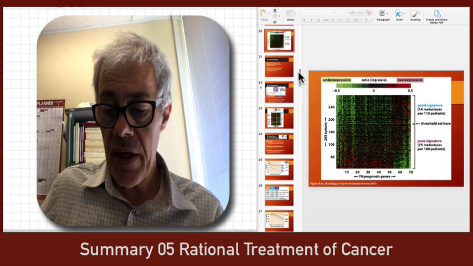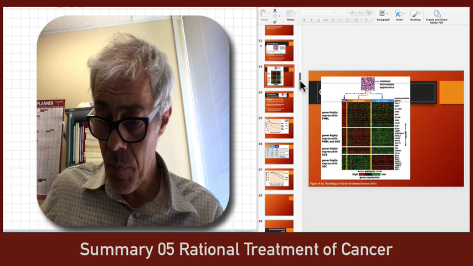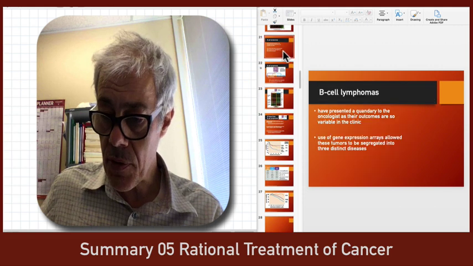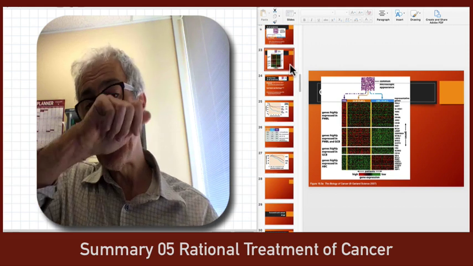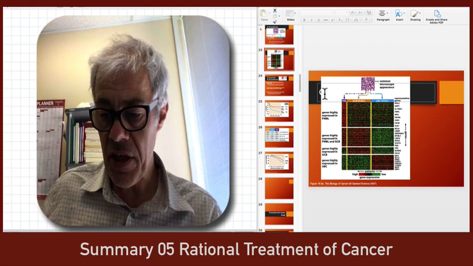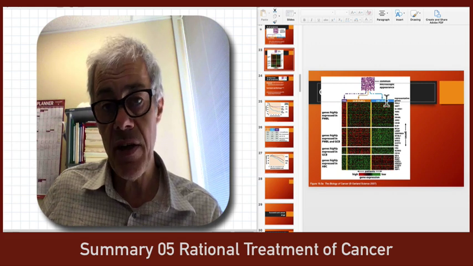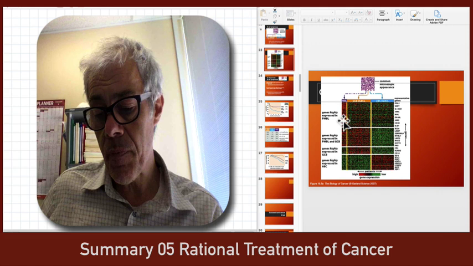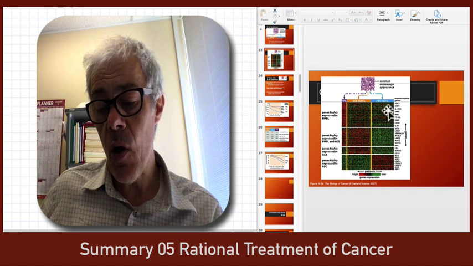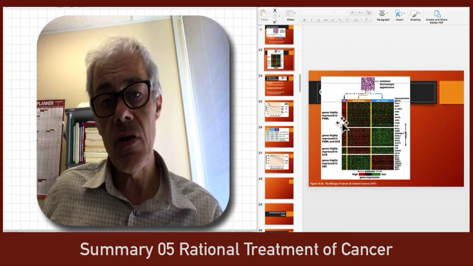So there's an example here where they looked at these lymphoma samples, so B-cell lymphomas, and there's a wide range of different types. And the different types are labeled here. There's 1, 2, 3 types of biopsies of patient categories, if you like, and they can look at whether there's certain genes that are overexpressed or underexpressed in one subtype over another, and then they can choose to treat them with drugs.